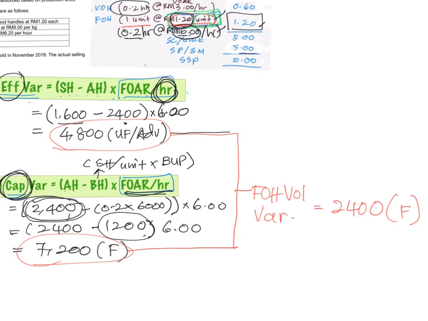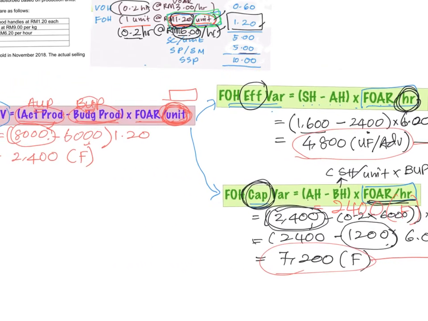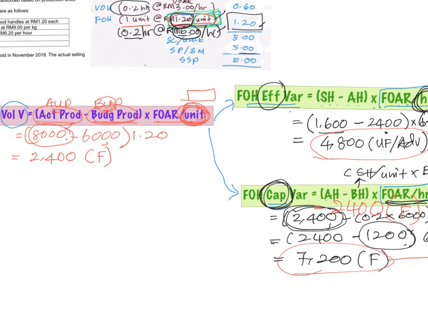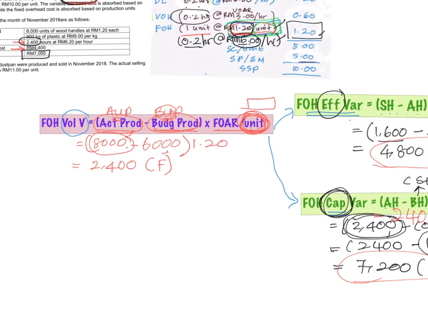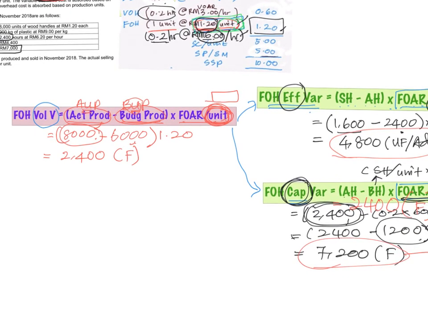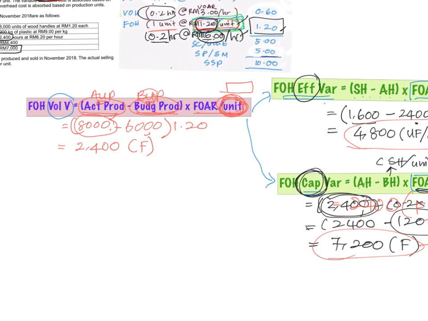Okay, so when we go back to our first calculation, you can see that our fixed overhead volume variance consists of two other variances, which are fixed overhead efficiency and fixed overhead capacity variance.